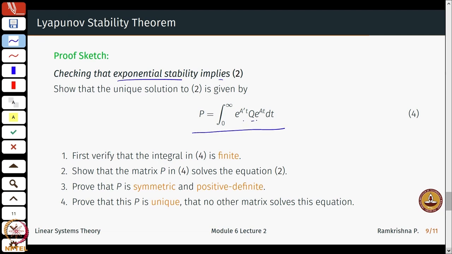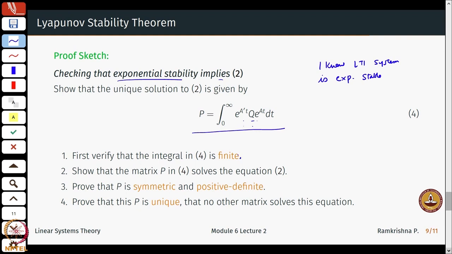We will begin by showing that the unique solution is given by this indefinite integral from 0 to infinity. I know that the LTI system is exponentially stable. First, I need to check the properties of this integral, that it actually converges, that it is finite.